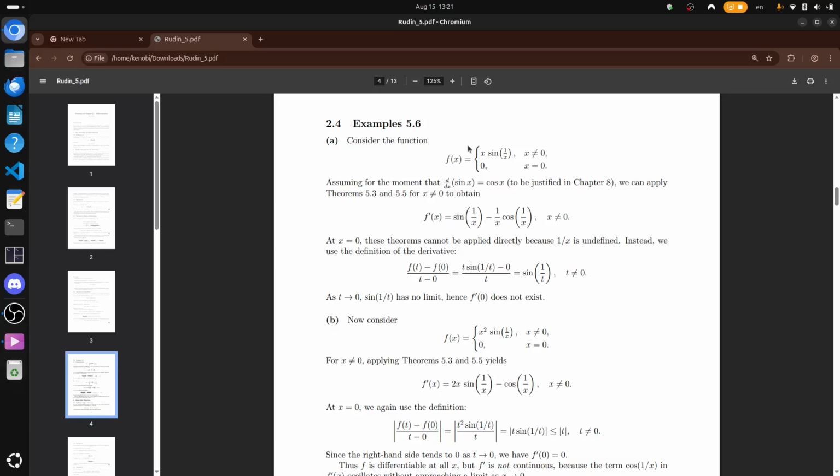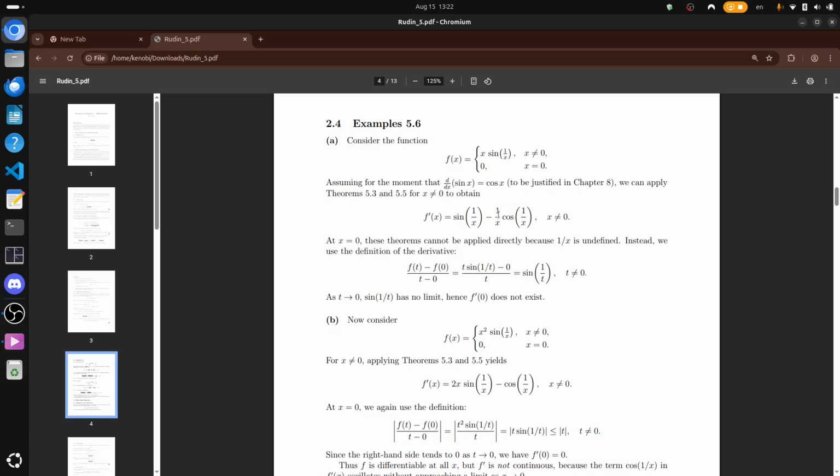Consider the function f(x) equals x sine of 1 over x for x not equal to 0, and 0 at x equals 0. We take the derivative. Just keep in mind that the derivative of sine of x equals cosine of x, and the derivative of cosine of x is equal to negative sine of x. So if you use the chain rule over here, you're going to get x times the derivative of sine of 1 over x, which is x times cosine of 1 over x times the derivative of the inside, because that's the chain rule, times negative 1 over x squared.